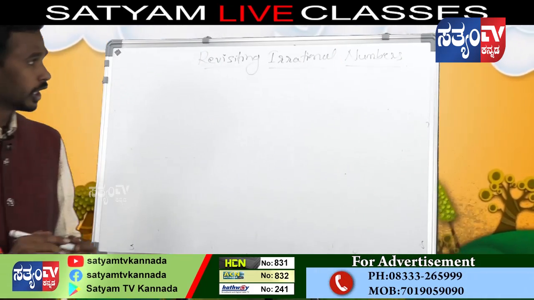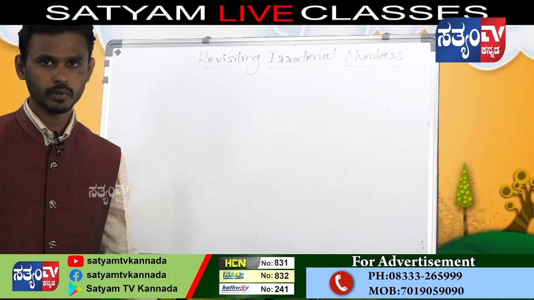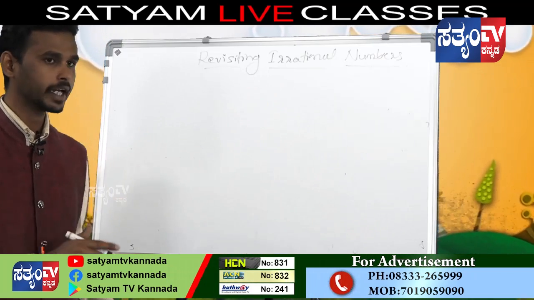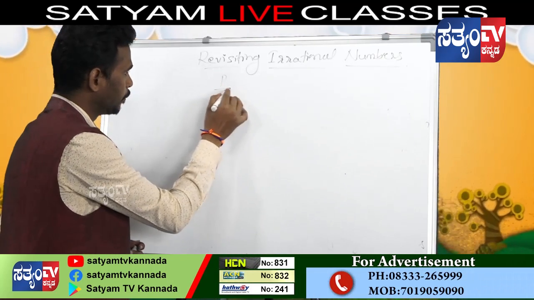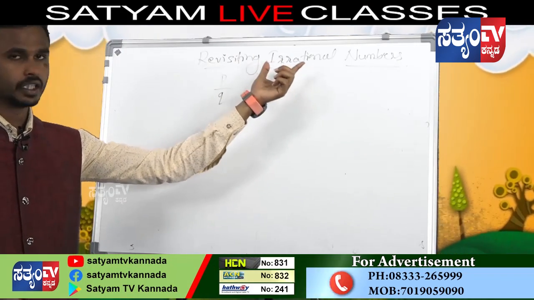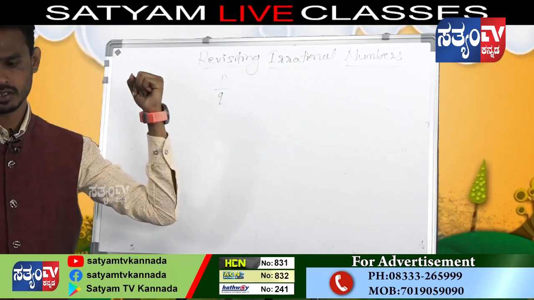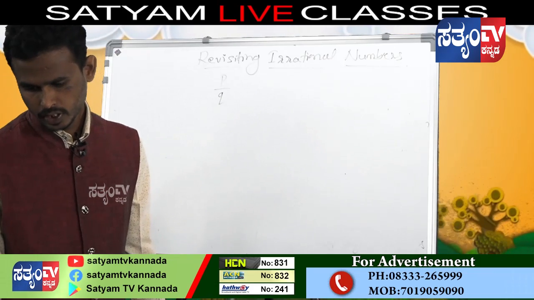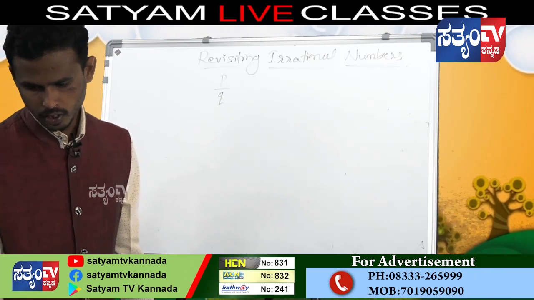You already know what an irrational number is. An irrational number is a number which cannot be expressed in p by q form. Such numbers are said to be irrational numbers. So let us see some examples on that.